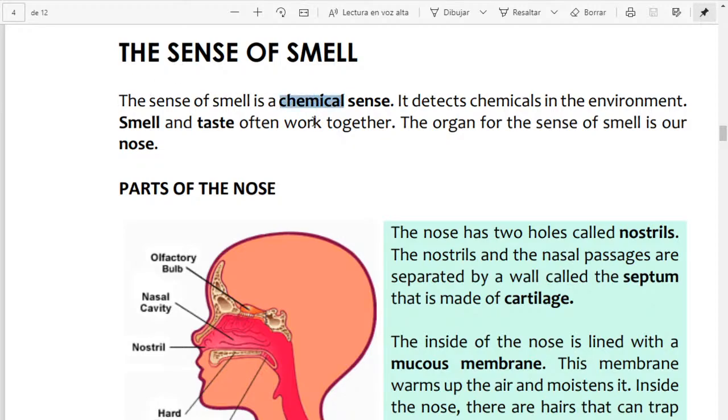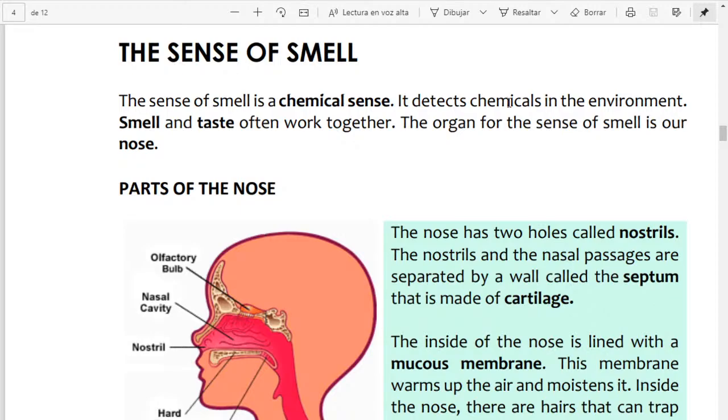It detects chemicals in the environment, which means that we detect something that is a gas. We can only smell gases. We can't smell solids. We can't smell liquids. We only smell gases, and these gases are sending chemicals in the environment.